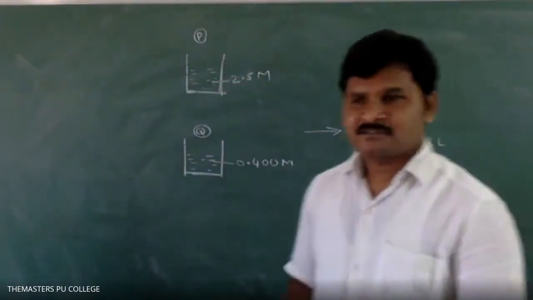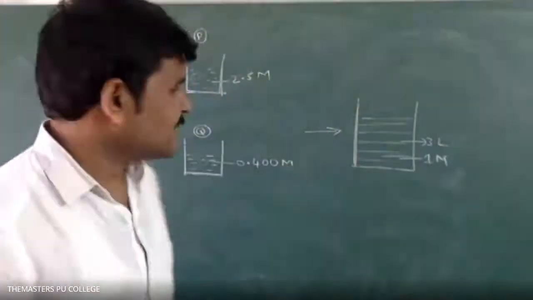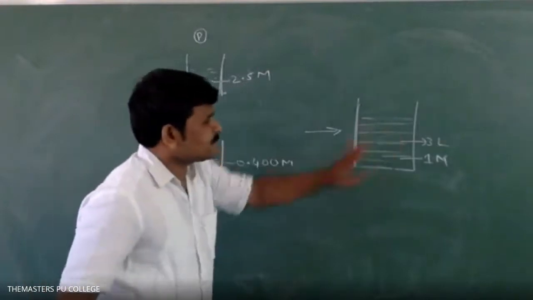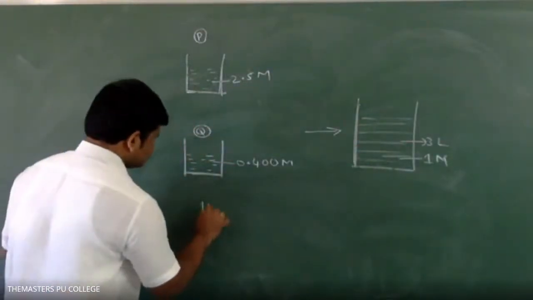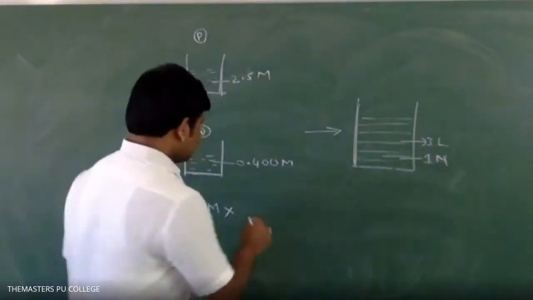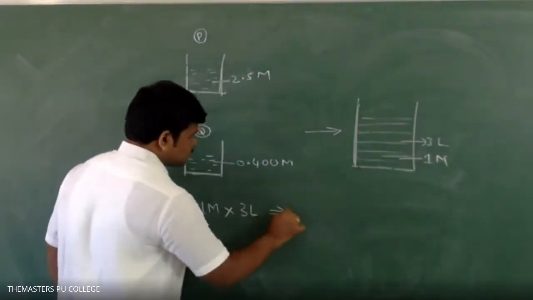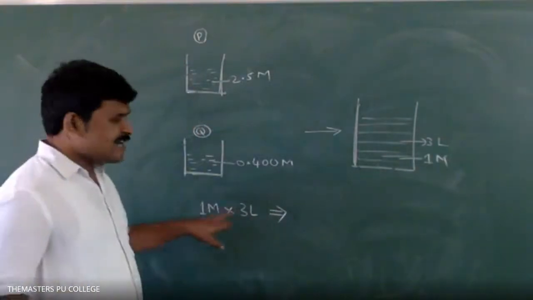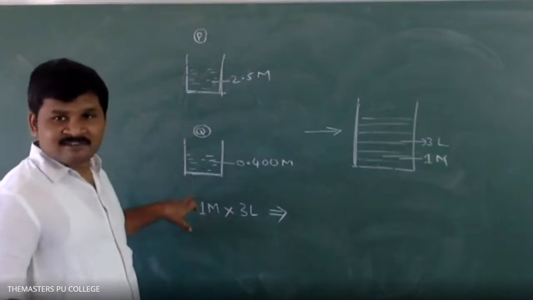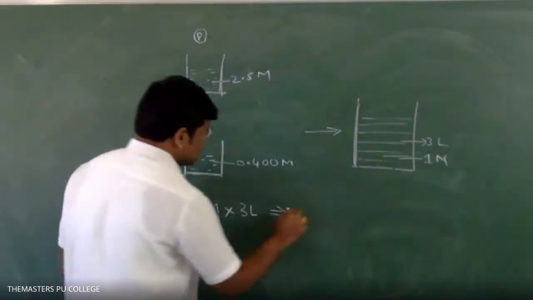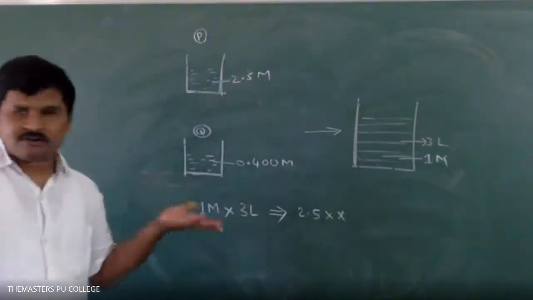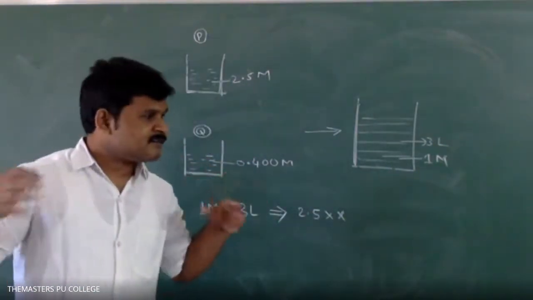Now the calculation part is very simple. What is the final concentration? 1 molar, into the final volume 3 liters, is equal to what we get by adding this one and this one only. So 2.5 into x.